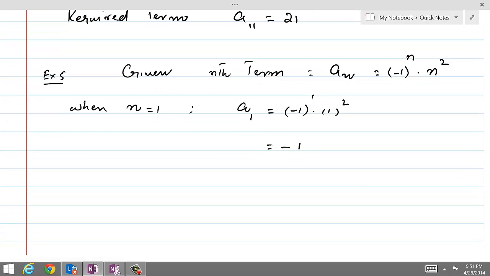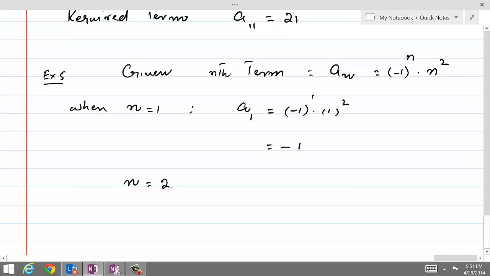And for a2, we substitute the value of n as 2, and a2 is equal to minus 1 power 2 times 2 square. So this is minus 1 power even, and whenever a negative has even power, this does have positive sign. So this is plus, but 2 power 2 is 4. Let's write it as such.